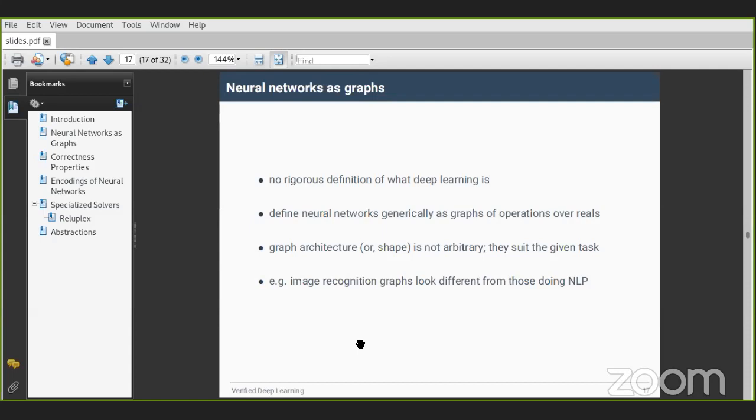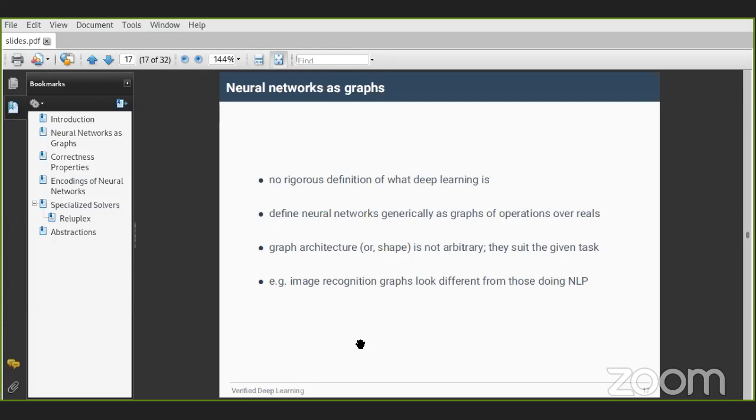Going ahead, we'll try to see how we look at them as graphs, which is nothing different from what we have been looking at anyway. But this is just a way to systematically put things down so that we can argue about them later. There is no rigorous definition of what deep learning exactly is, so what we want to do, and we have been seeing it, is define neural networks generically as graphs of operations over reals.